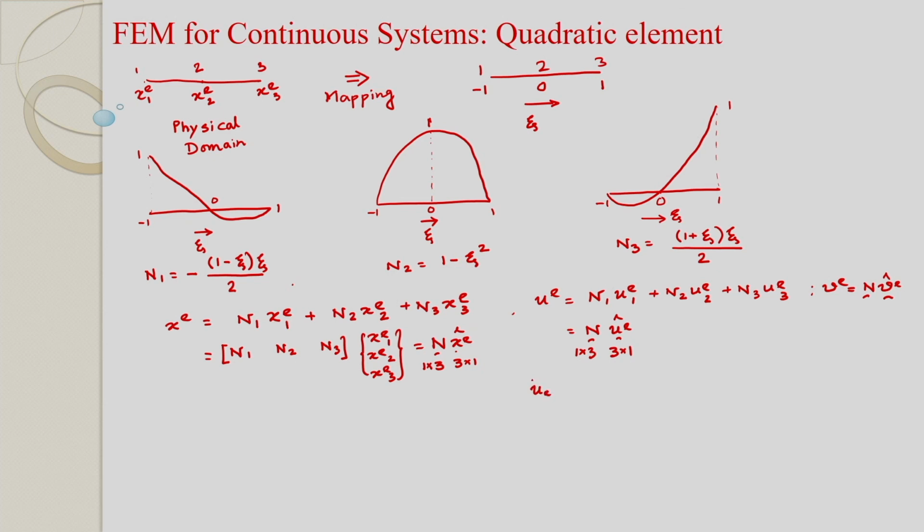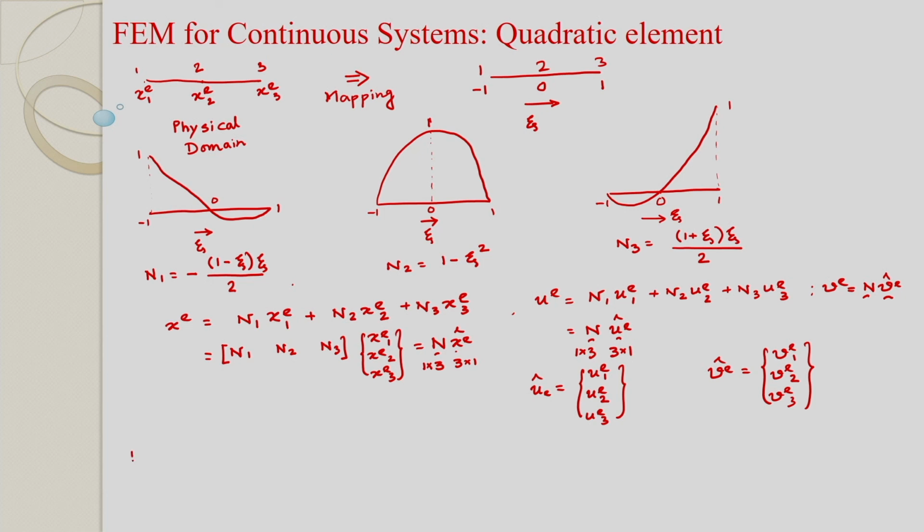Here u e hat is the vector containing the nodal values of the dependent variable, and v e hat contains the nodal values of the variation.